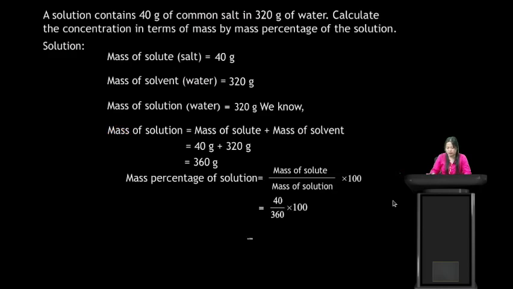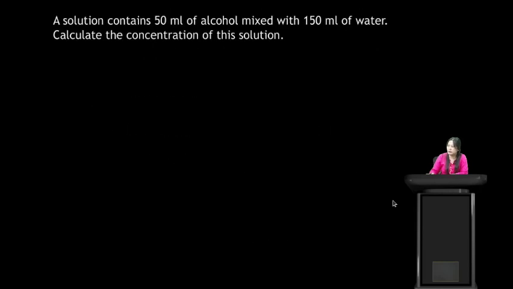So we have mass of solute is 40, mass of solution is 360, and into 100. So if we substitute the values and calculate this, the concentration in terms of mass by mass percentage of salt in this solution is 11.1%.